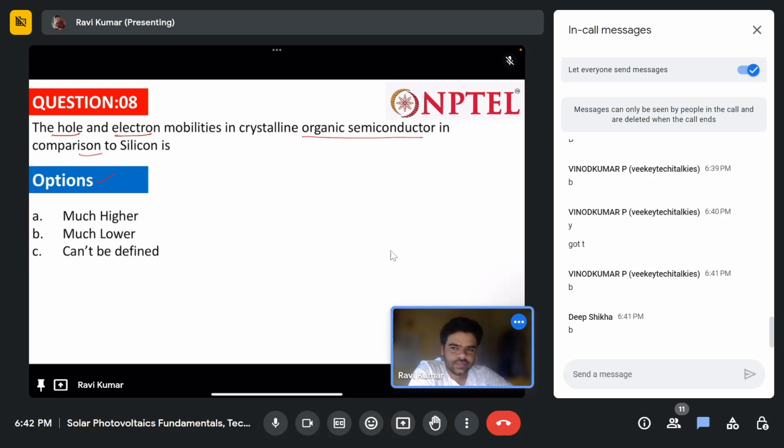If mobility is high, it will move a larger distance. If mobility is low, it will move a lower distance. So if diffusion length is lower, then the mobility should be lower. Yes, Deepsika, it is right, B. Vinod also gave the answer. Yes, it is B. It is much lower.